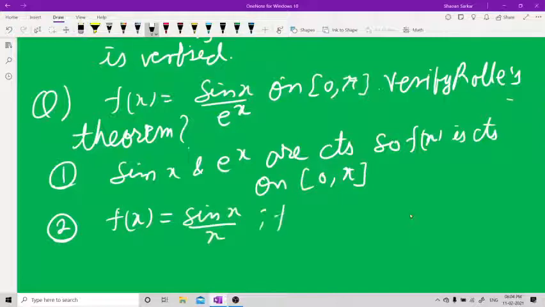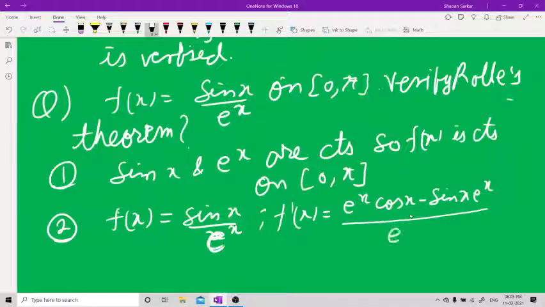Now you take f dash x. F dash x is e to the power of x cos x minus sin x e to the power of x upon e to the power of x whole square. So cancel e to the power of x from the numerator and the denominator.